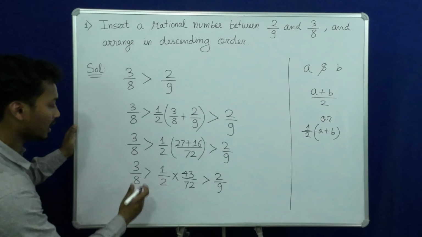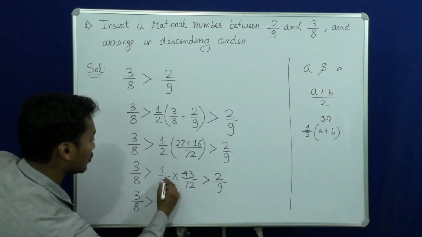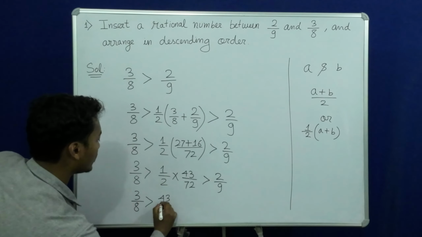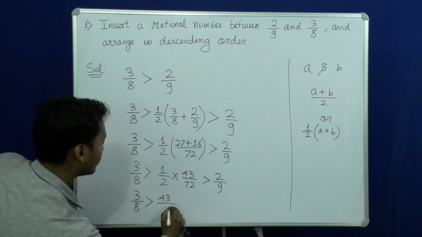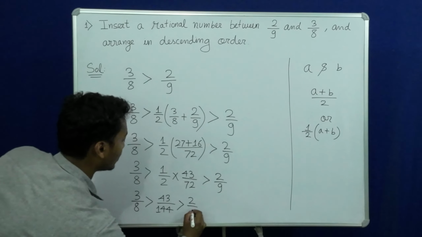Now we'll simply multiply. So 3 by 8 is greater than 43 by 144, which is greater than 2 by 9.